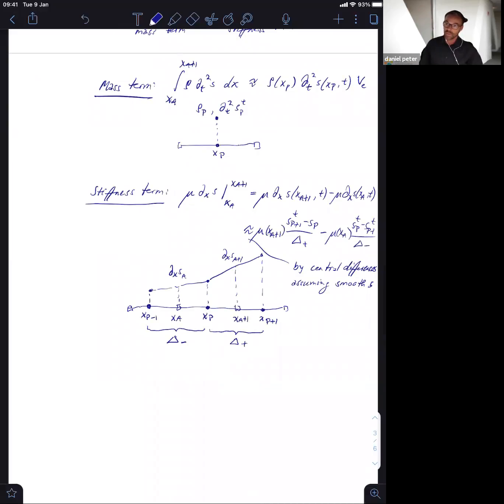We don't have a jump in between, so that the derivative can simply be approximated by these central difference schemes, the same schemes that we saw last time for the Poisson equation. So it's a simpler way of approaching the problem.